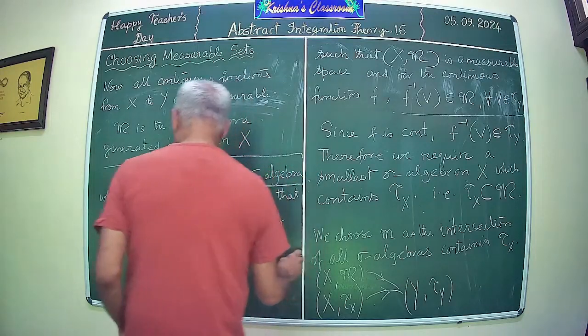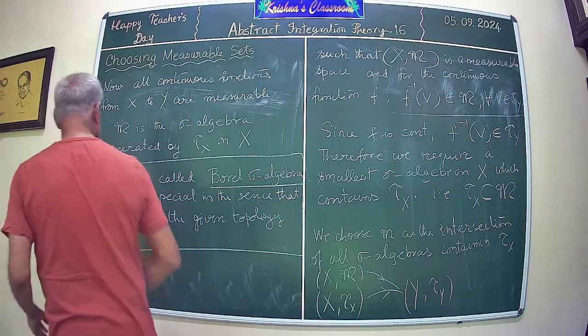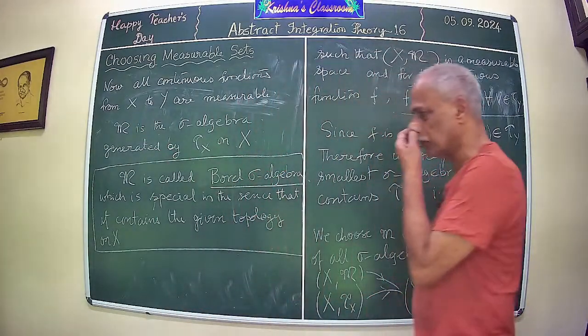This is the minimal class of such kind, and we give it a name. It's called the Borel sigma algebra.